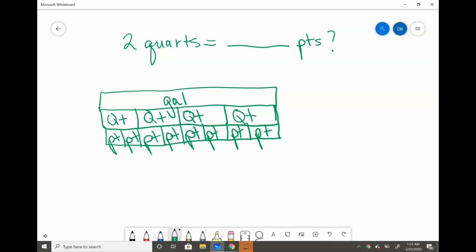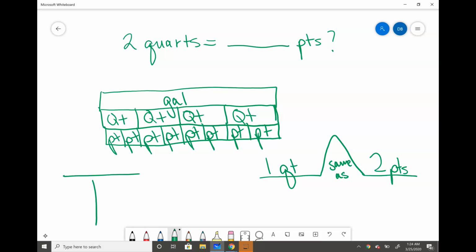And if I use my bridge map, 1 quart is the same as 2 pints. Okay, so thinking about my ratio table, quart, pint, 1 to 2.